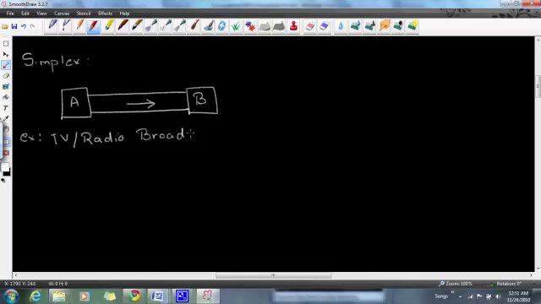The data from the broadcasting station is sent to your TV and radios, but the TV and the radios, which are the receiving end, cannot send the data back to the station.